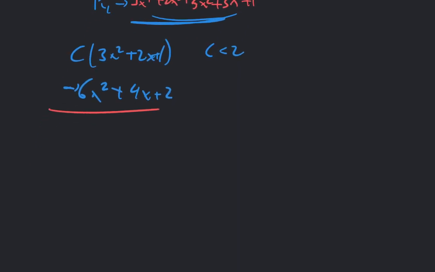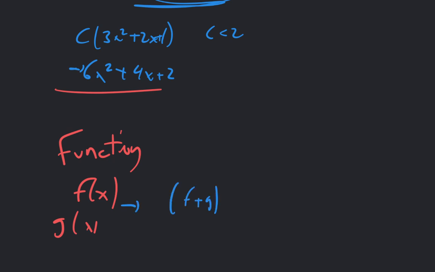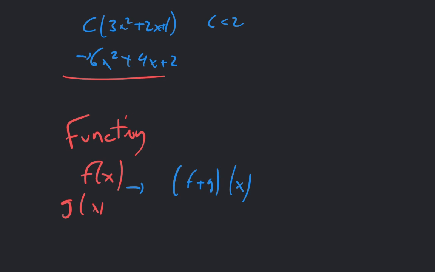Another example of vector spaces are functions. F of x. The reason being that if g of x and f of x are functions, then f plus g of x is also f of x plus g of x, and you can scale it by a scalar.